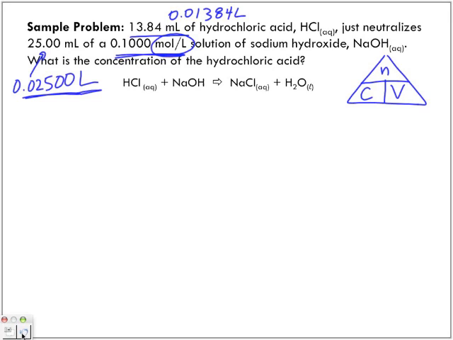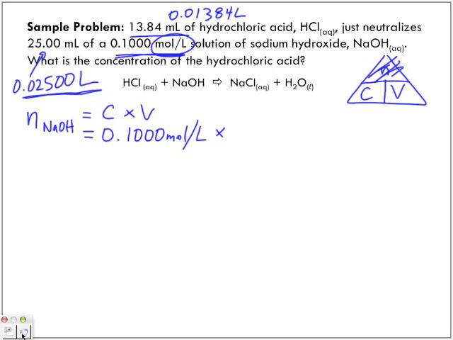So using this triangle, we've got concentration, we've got volume, so we're going to cover up the number of moles. The number of moles of sodium hydroxide, NaOH, is equal to C times V. So we multiply our concentration by our volume: 0.1000 moles per liter times 0.025 liters.